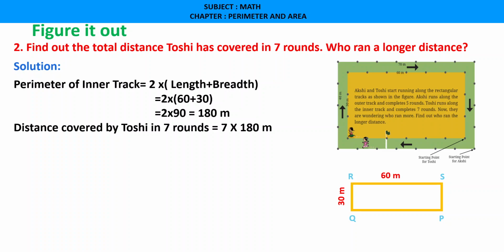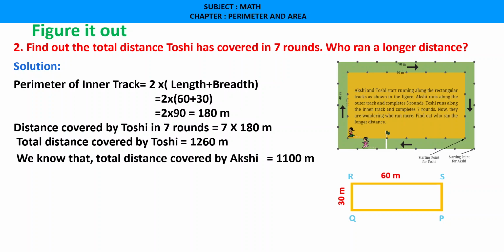Distance covered by Toshi in 7 rounds is equal to 7 into 180 meters. So the total distance covered by Toshi is equal to 1260 meters. We know the total distance covered by Akshi is 1100 meters, which we have seen in the previous problem. Therefore, Toshi covered the longer distance.